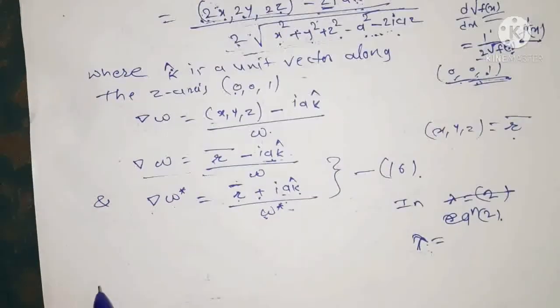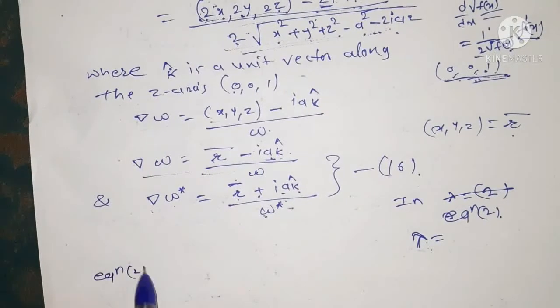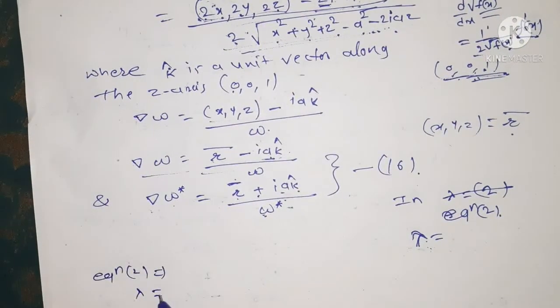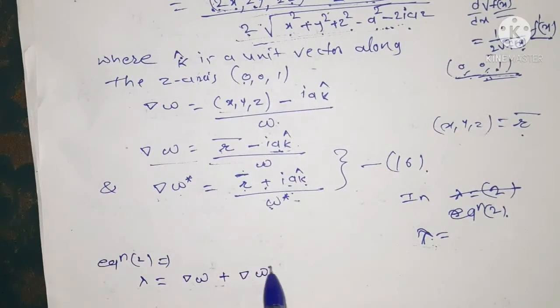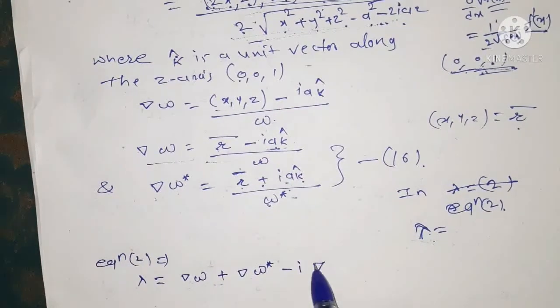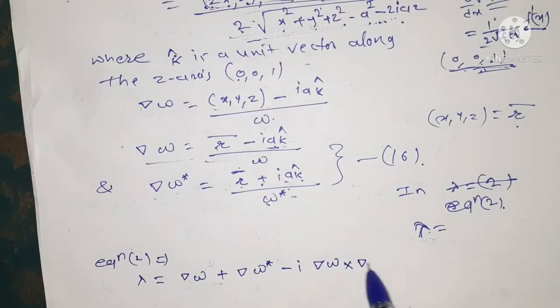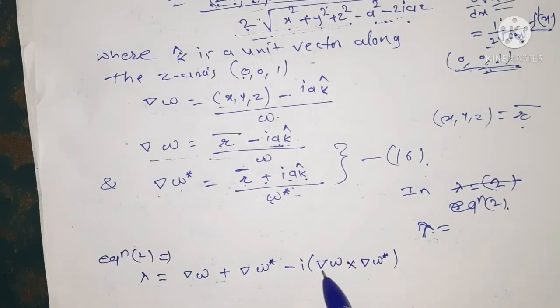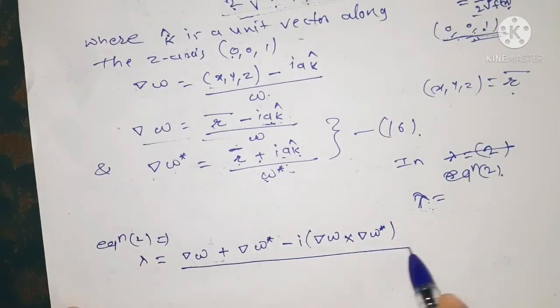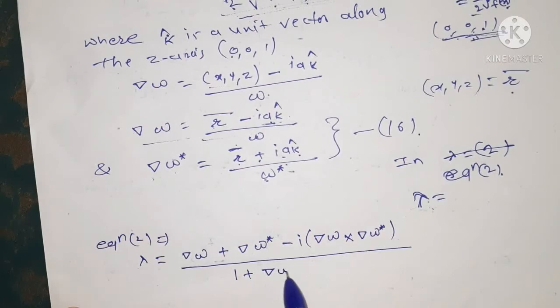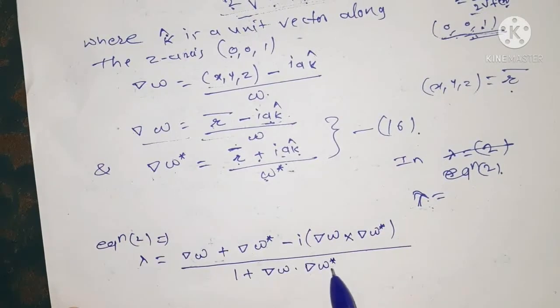Therefore lambda, that is equation 2, implies lambda is equal to del omega plus del omega star minus i del omega cross del omega star, this cross product, divided by 1 plus del omega into del omega star.